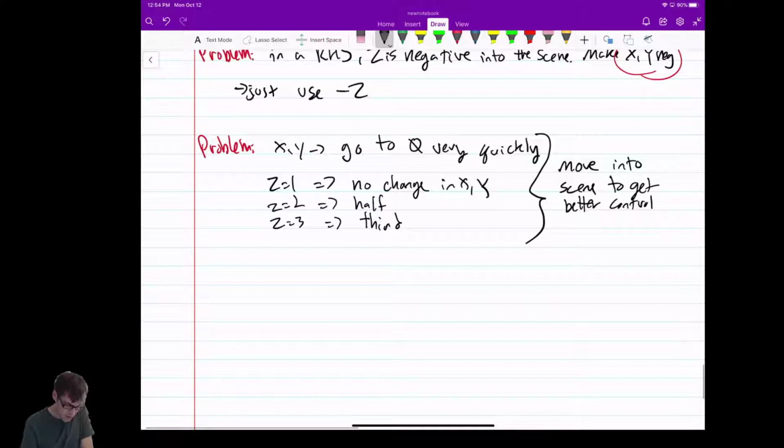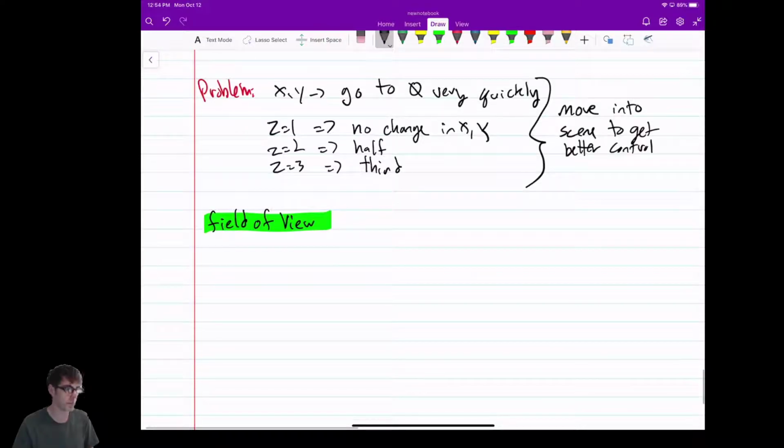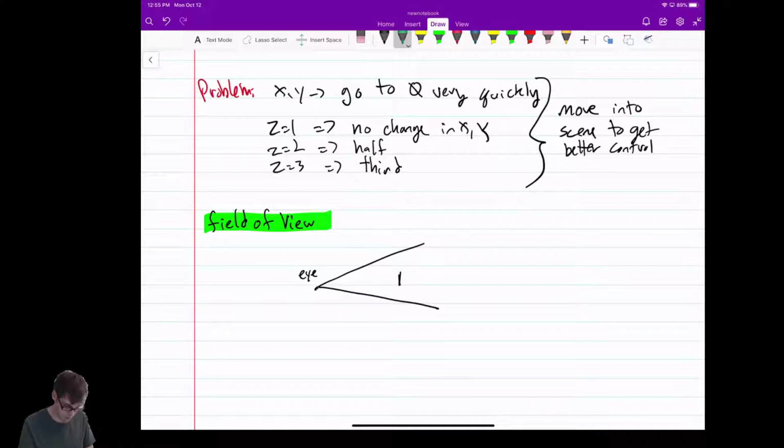And the real solution is to think of this as a field of view problem. Okay? And a field of view is the degrees that you can see here. So if I draw out my scene again, here's my eye over here. I'm going to draw two lines.